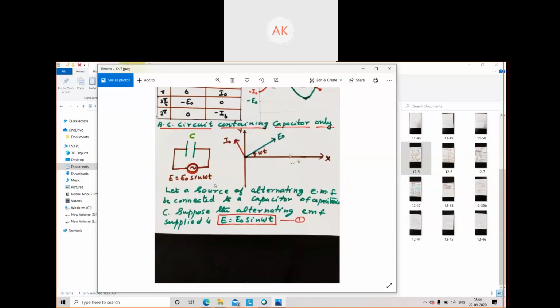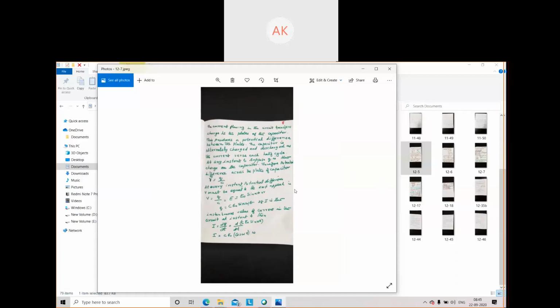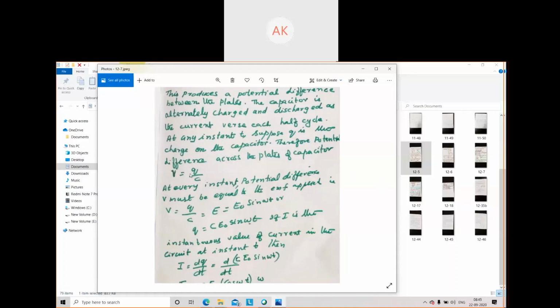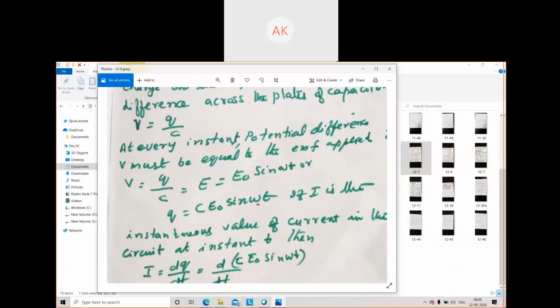We know I equal to dq by dt. So we have to start with that equation. See, voltage, we have studied this formula, V equal to Q by C. At every instant, the potential difference V must be equal to the EMF applied.